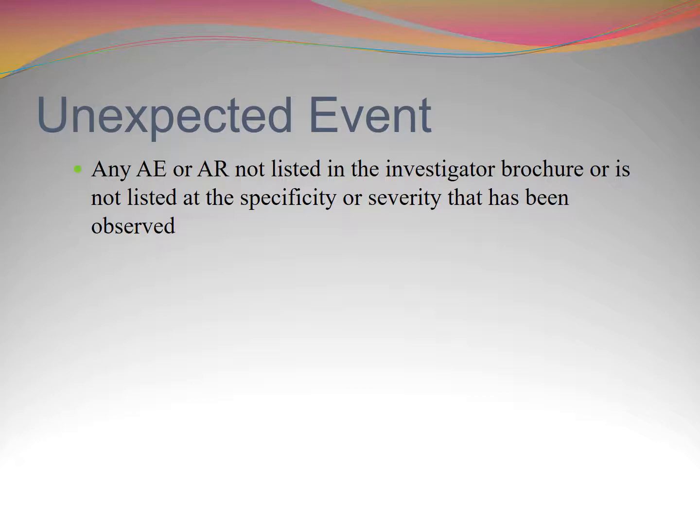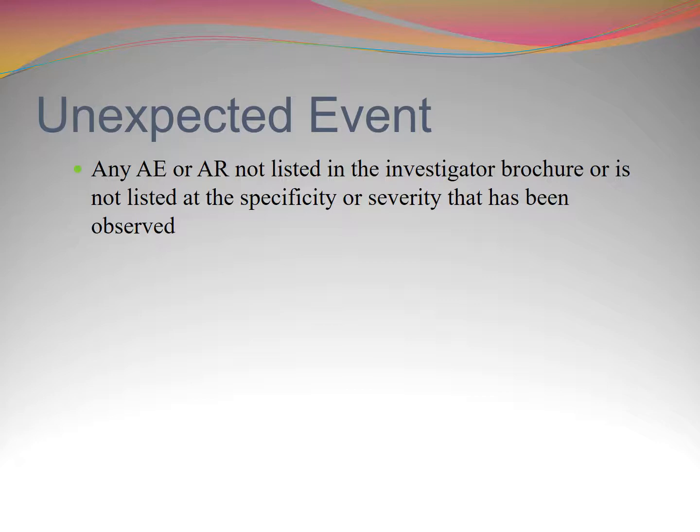Also, if the investigator brochure is very general and very broad in its language, and the event is more specific, this is going to be some discussion with you and your investigator, because there's going to be a lot of medical and nursing decision that goes into this.